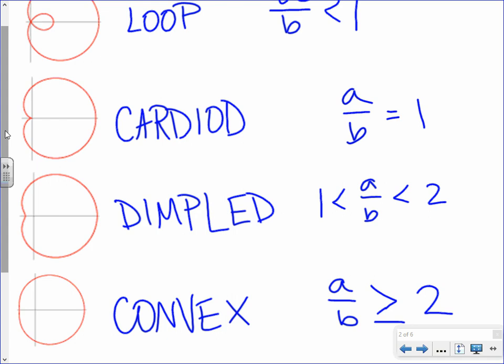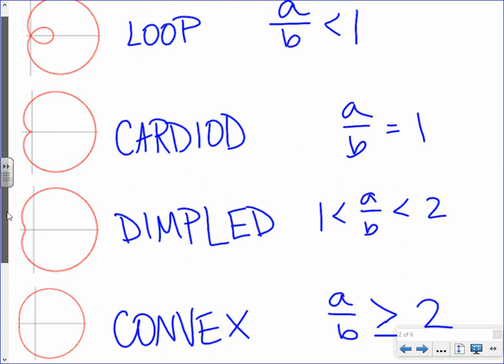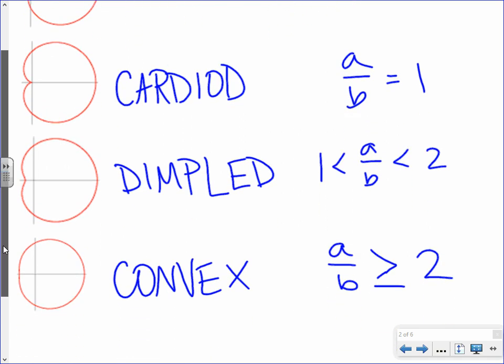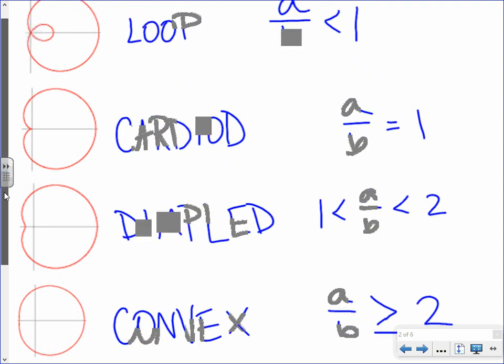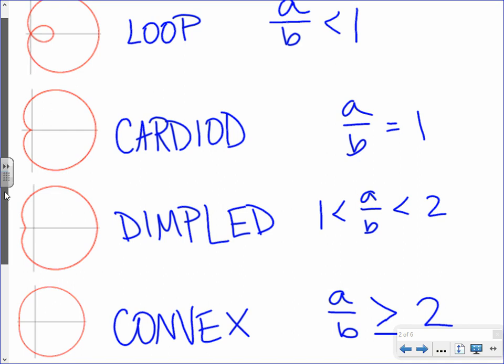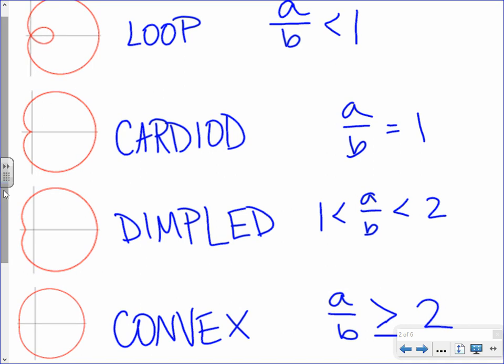Okay? All right, so basically what you're going to need to remember are these names and the order in which they occur. So here would be my suggestion. You need to remember the order of LCDC.